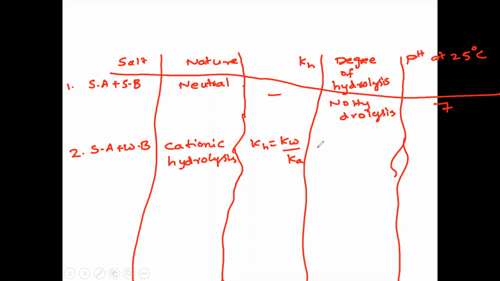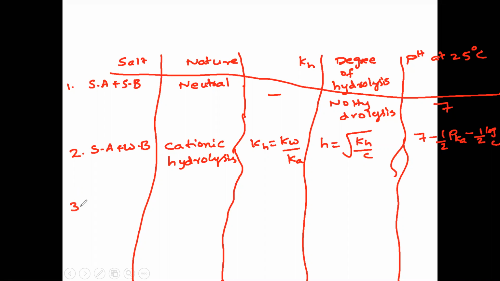And degree of hydrolysis h is equal to root of KH by C. And pH will be 7 minus half into pKa minus half log C. These formulas I have already given, so if you are unable to understand, I'll write it here again. Half log C.